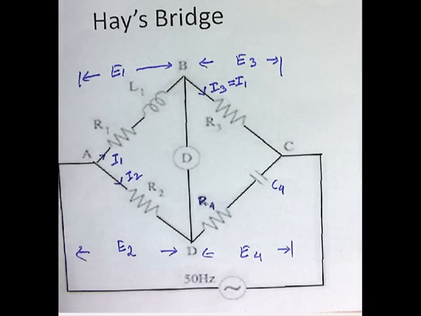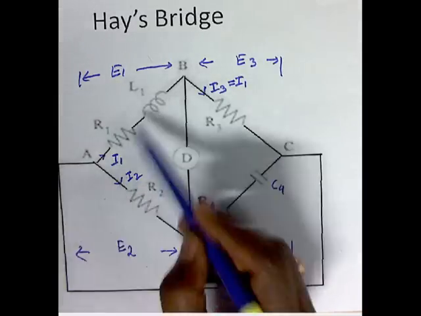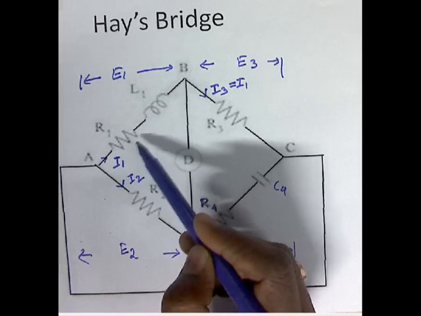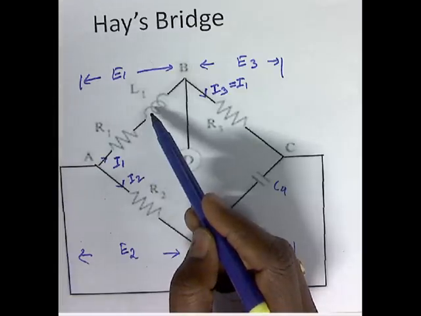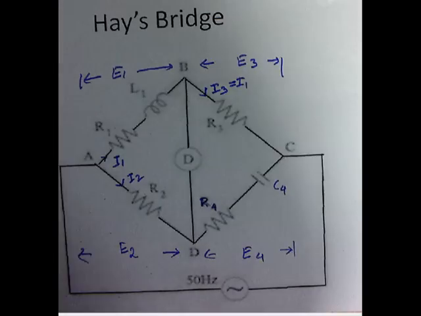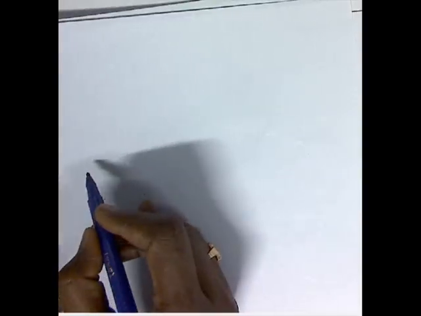Now if you want to draw the phasor diagram, draw this part first. This is I1 R1 plus I1 omega L1. So I am drawing the phasor diagram. So this is your I1.